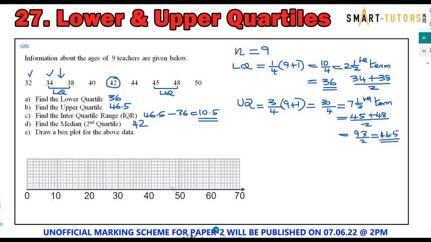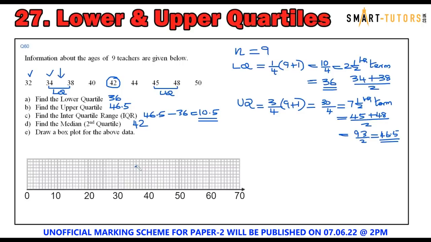So we are going to draw with a straight line. How are we going to do it? First of all, 36 is the lower quartile. So 30, 32, 34, 36.